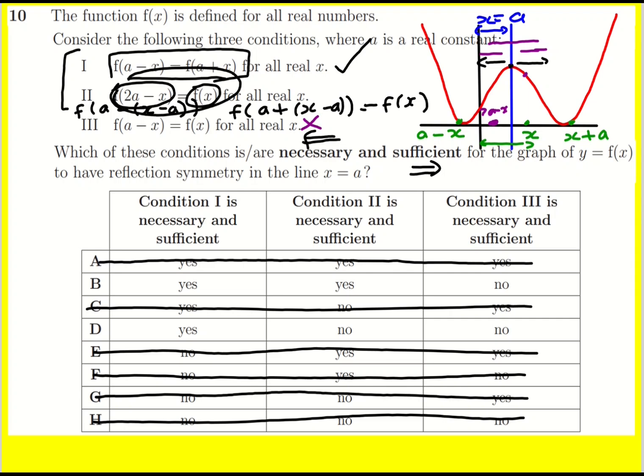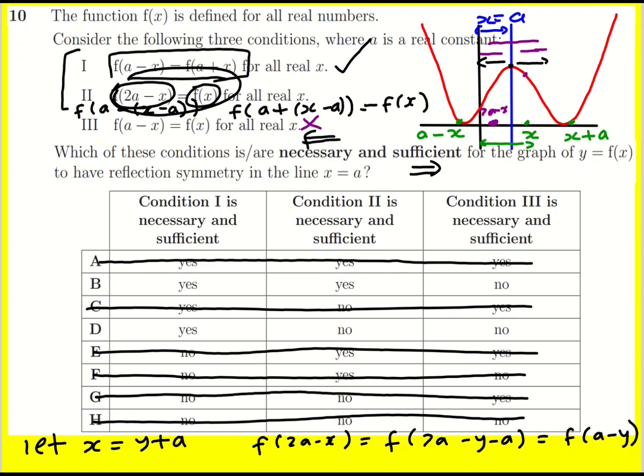I think we could also, if we wanted to do a substitution, I could let x equal y plus a. So then f of 2a minus x would equal f of 2a minus y minus a, which would give me f of a minus y.